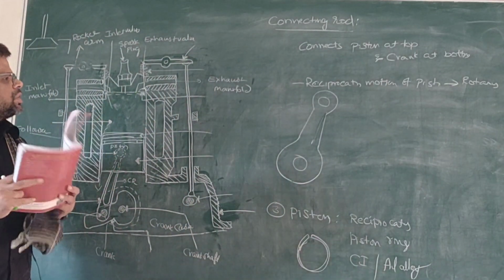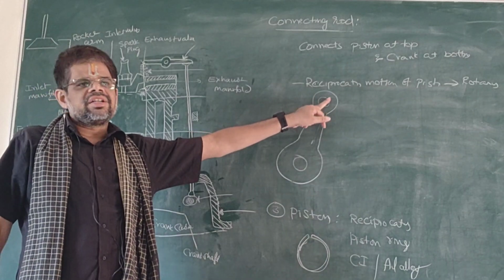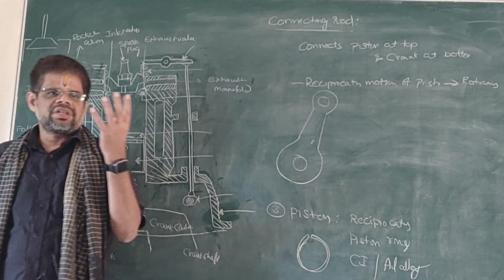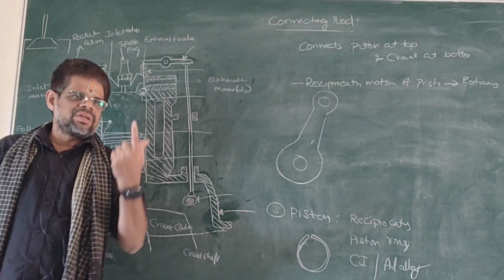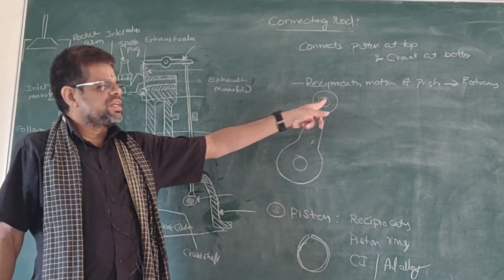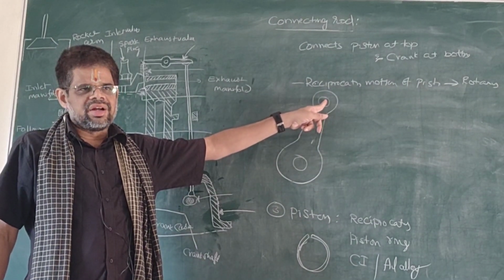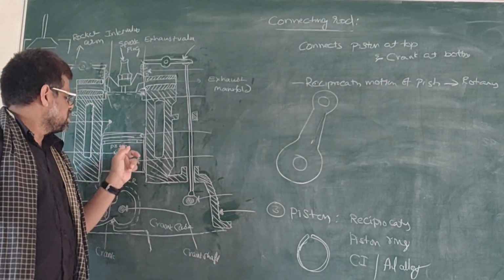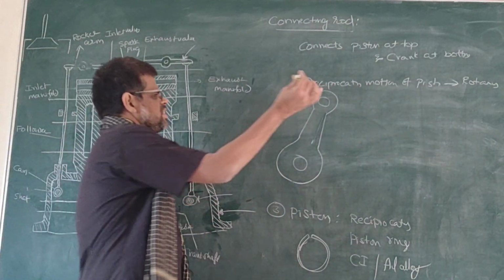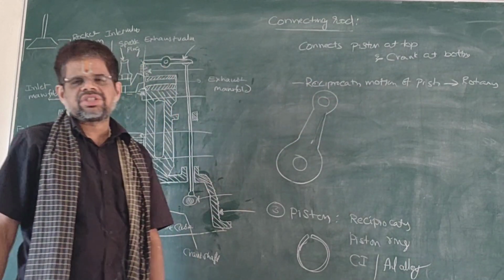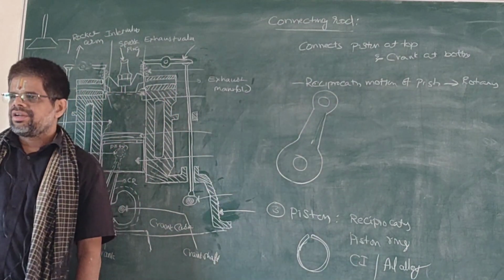Now the small end is inserted into the piston. I already told you that the piston also consists of a hole. So it is inserted from the bottom, so that the hole of the small end in the connecting rod and the hole in the piston exactly match each other, so that a pin can be inserted like this through the piston and the connecting rod.